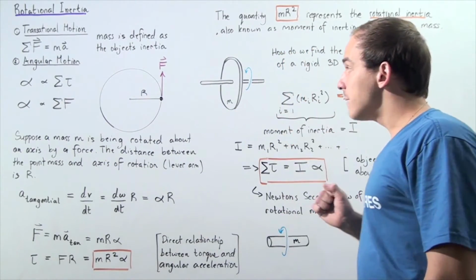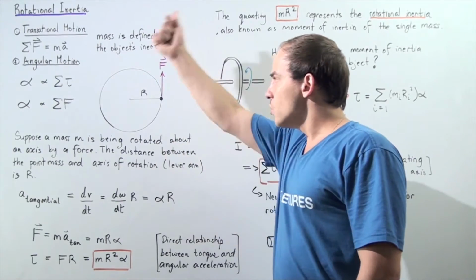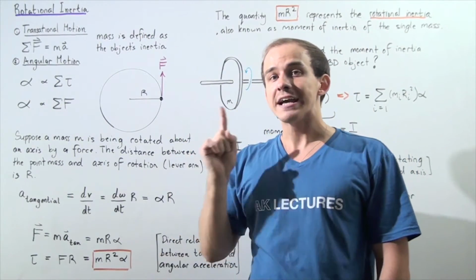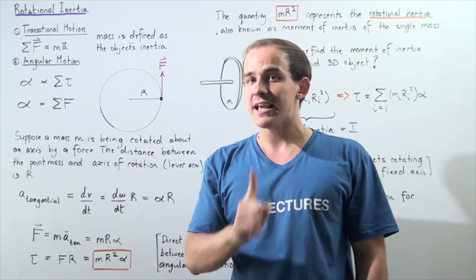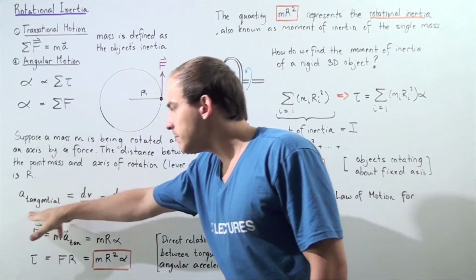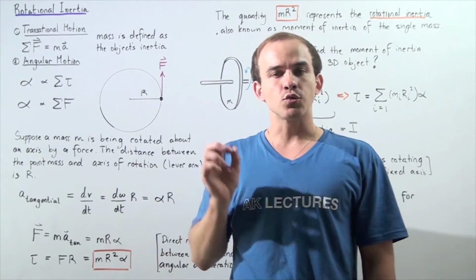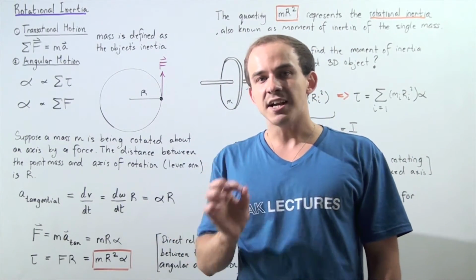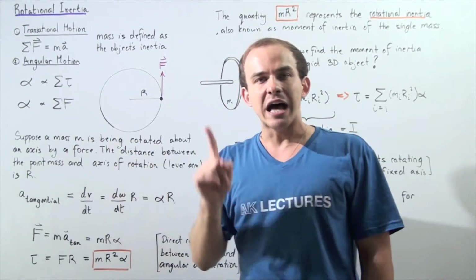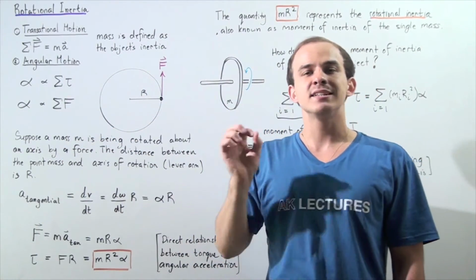Now, because the object is moving in circular motion, the object has a tangential acceleration that points in the same direction as our force. Recall the formula for tangential acceleration. Tangential linear acceleration is equal to the derivative of the velocity function with respect to time.